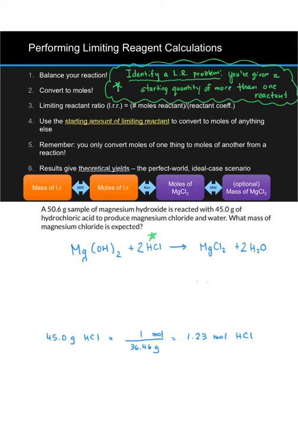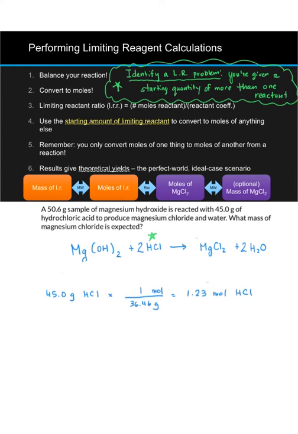In fact, now that I know that hydrochloric acid is my limiting reactant, I'm just going to go back to the drawing board and start with information about it. I'm going to convert mass of my limiting reactant, hydrochloric acid, into moles of hydrochloric acid. From there, moles of hydrochloric acid to moles of MgCl2, and then finally from moles of MgCl2 into a mass of MgCl2, because I am indeed asked what mass of magnesium chloride is produced.